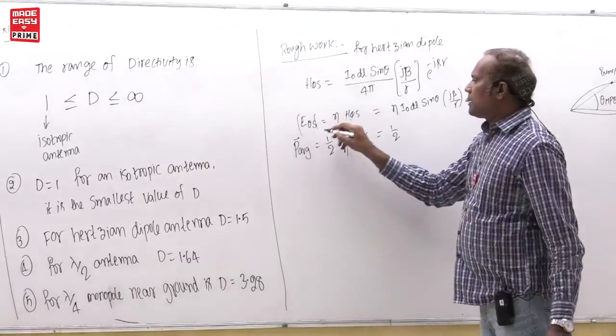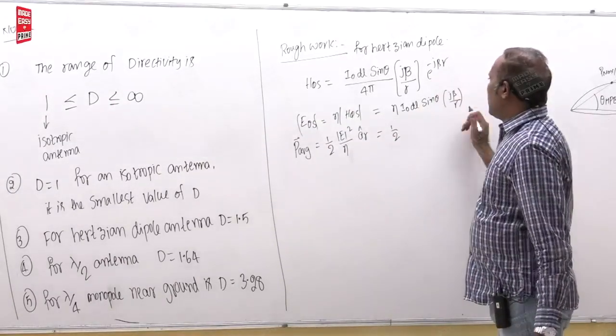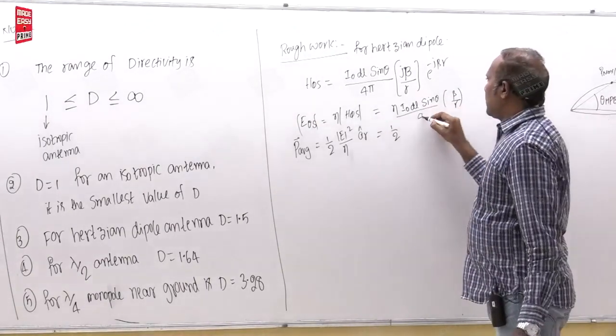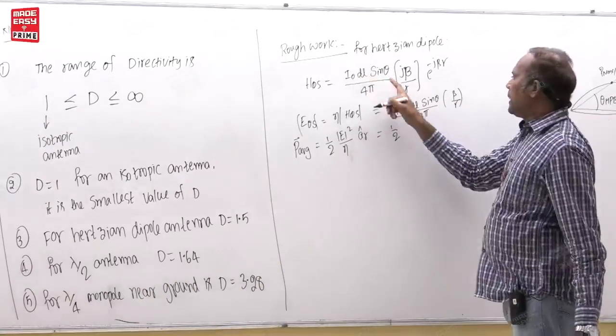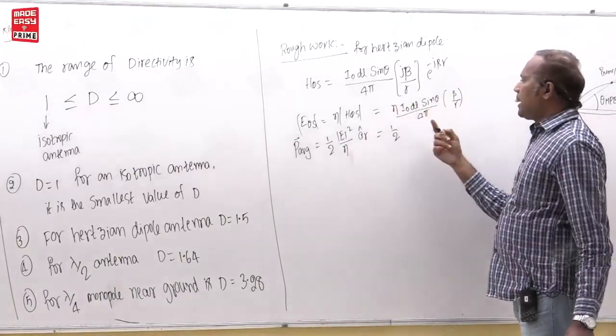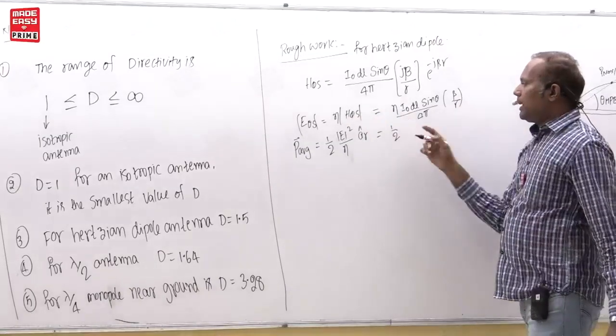You take the modulus, so no need to take the j, divided by 4 pi. So I naught dl sin theta divided by 4 pi, beta by r, multiplied with eta.